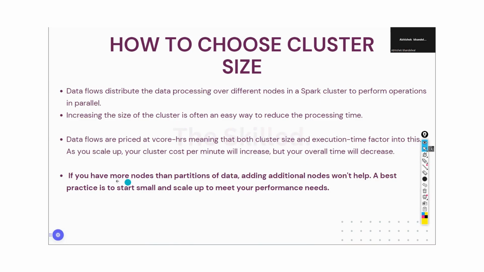Now, if we have more nodes than partitions of data, for example the number of partitions or jobs is only 10 but we have 20 nodes available, then adding more nodes will not help us.